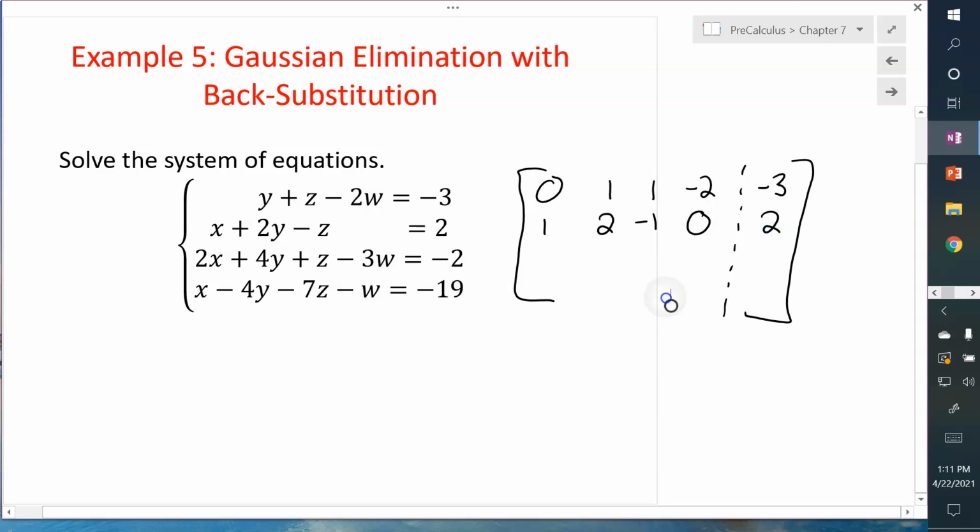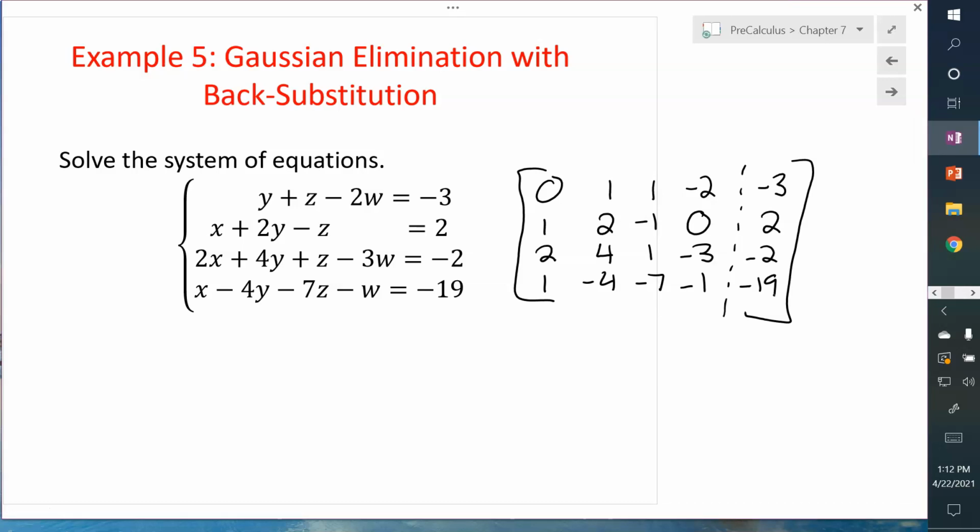Third row, 2 for the x, and then 4 for the y, 1 for the z, -3 for the w, and that's a -2. And then coefficient of 1 for the x, -4 for the y, -7 for the z, -1 for the w, and -19. That's the first thing you're going to do is write your augmented matrix.